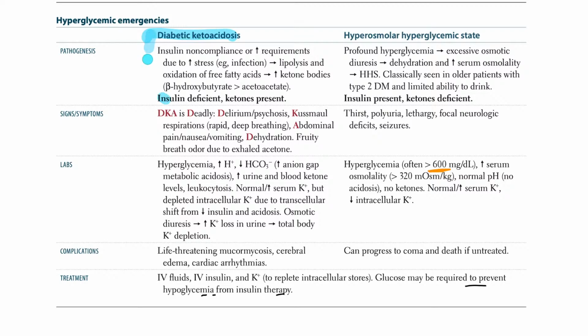First of all, you've got to know there is insulin deficiency, and ketones present. Here you have insulin present, ketones deficient. You have acidosis, an increase in hydrogen, metabolic acidosis. Here you have normal pH, no ketones, no acidosis. Hyperglycemia greater than 600 in DKA, greater than 300 in HHS.